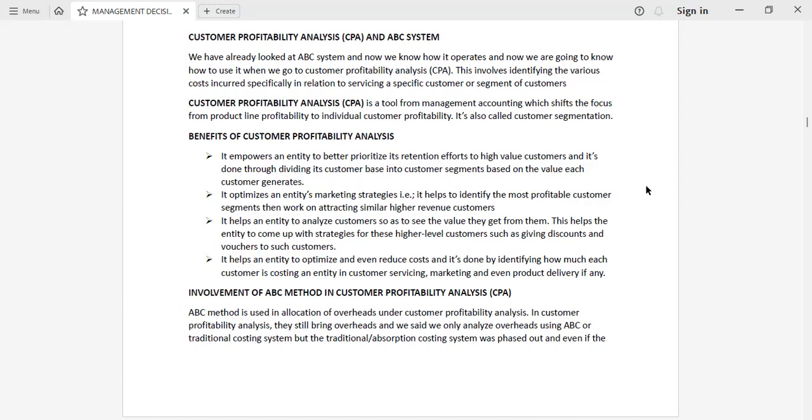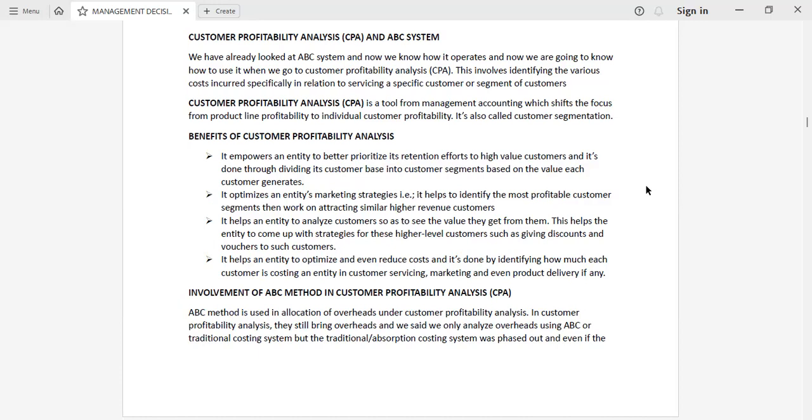So for examination purposes, the examiner may bring more customers and tell you to explain the strategies that we can use to improve on the least profitable customers. Because what will happen, they will give you a statement to compute the profit for the company for the different products.